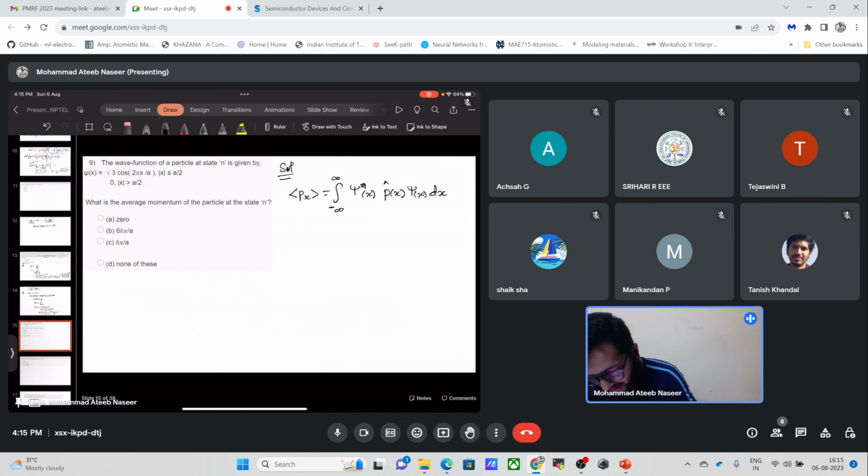Okay, now we know from this wave function's definition, this is equal to root 3 cos of 2 pi x by a between the limits of minus a by 2 to a by 2, and it is 0 otherwise.